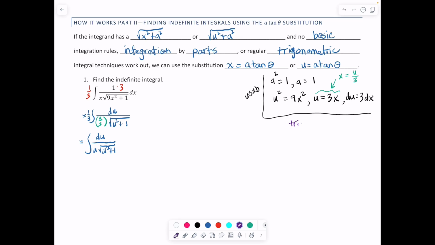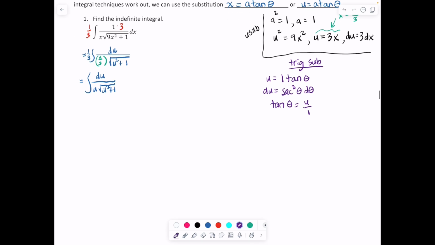So our trig sub comes next. u equals a, which is 1, tangent theta. So we needed du equal to, good, secant squared theta d theta. And then isolating tangent theta so we can make our triangle, we're going to have tangent theta is u over 1.